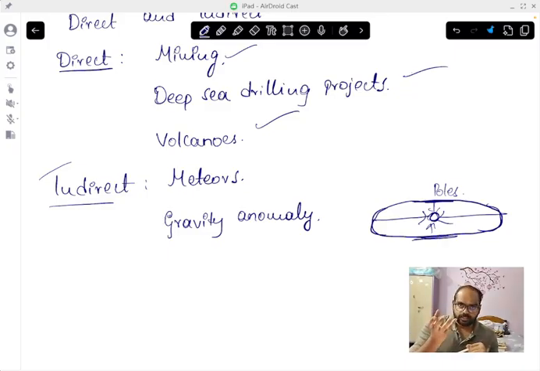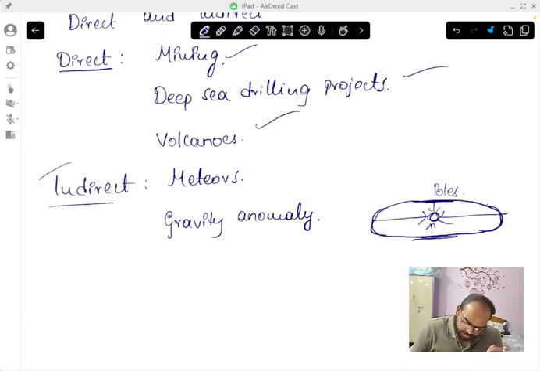Due to this dense material, we experience maximum gravitational attraction at the poles. So scientists have concluded that at the center of the earth there is very huge dense material. Likewise, based upon the gravitational values at different parts of the earth, scientists come to certain conclusions about the materials present inside the earth.